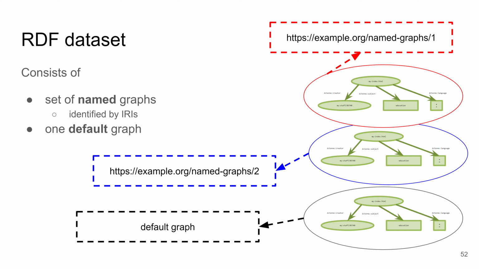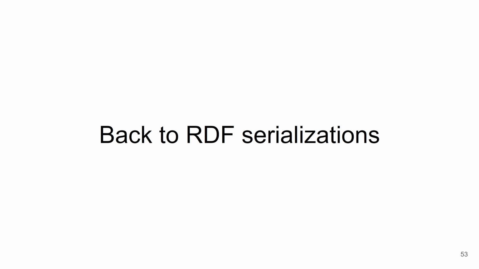And this brings us to the notion of an RDF dataset. An RDF dataset is a term defined as one default graph and a set of named graphs, where the named graph is the set of RDF triples with the IRI of the named graph. And now we'll come back from the detour to RDF serializations, because when we extended our data model from triples to quads, we also need to be able to serialize those quads.